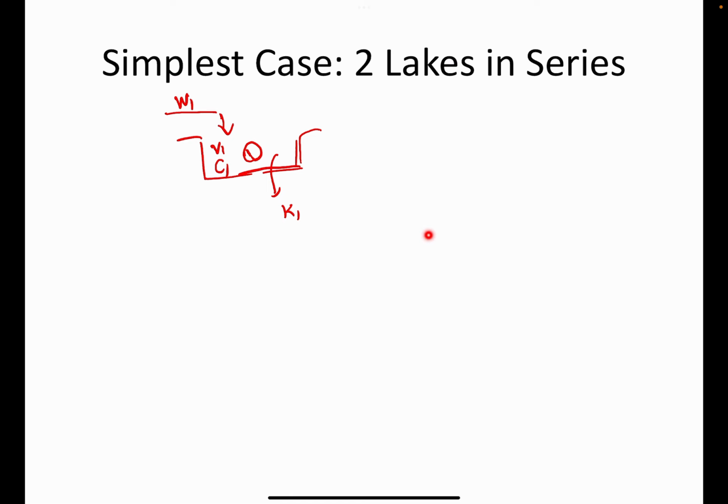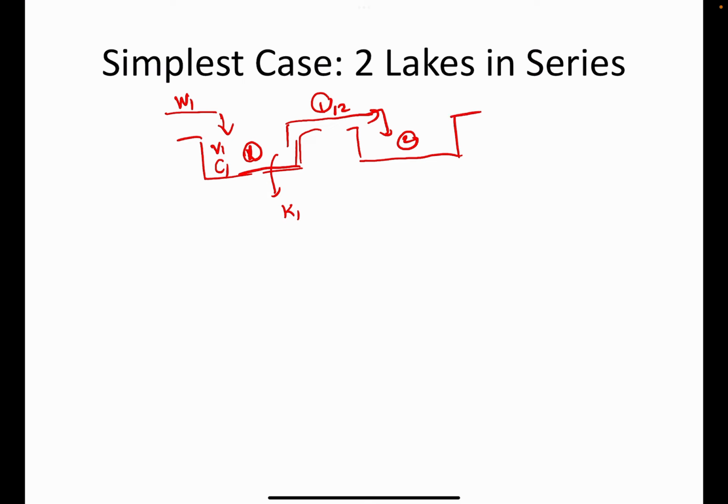And then the flow rate leaving lake number 1 toward lake number 2 is the simplest we have. We could call this one the flow rate going from lake 1 to lake 2. So this is Q12.